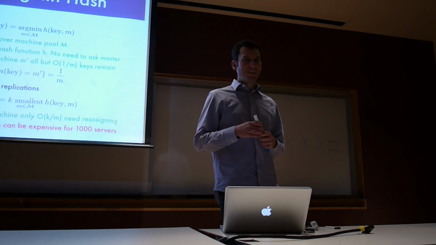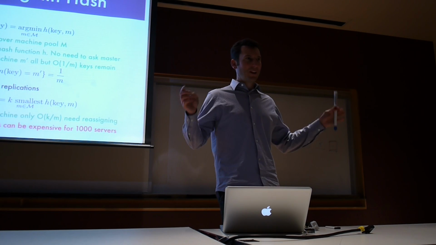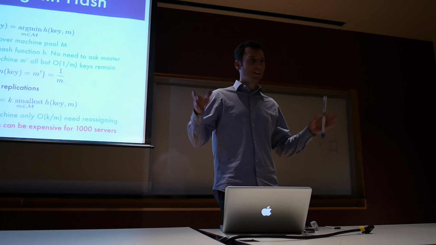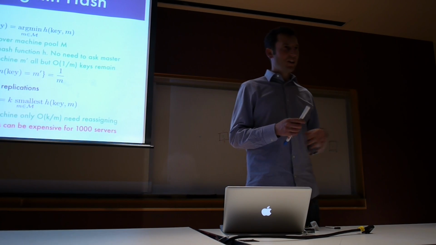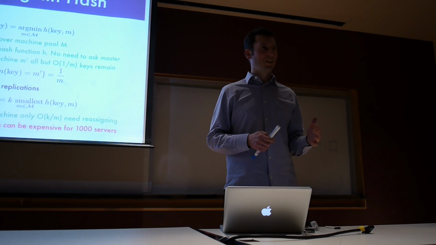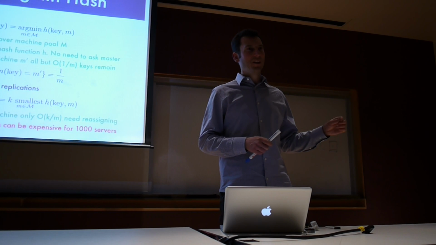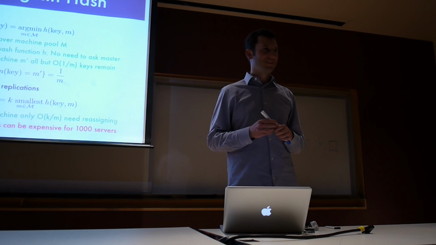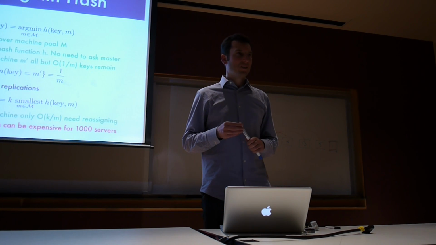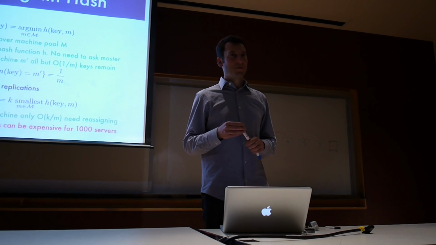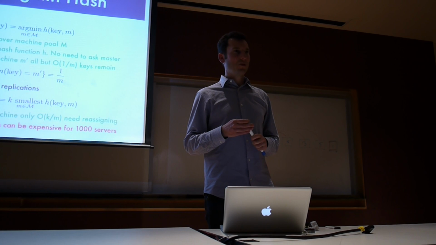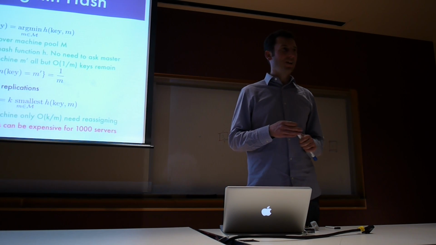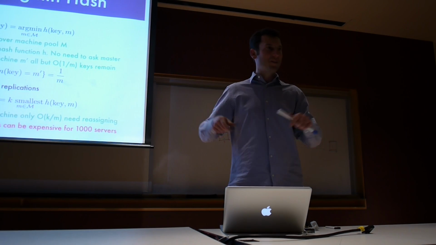But essentially, if I have k replicas, then the other k minus 1 machines can occasionally go through their inventory and ask around, does everybody else also still have this copy? And then, if that other machine is dead, they can decide, oops, okay, actually somebody else should have this copy, and reassign.